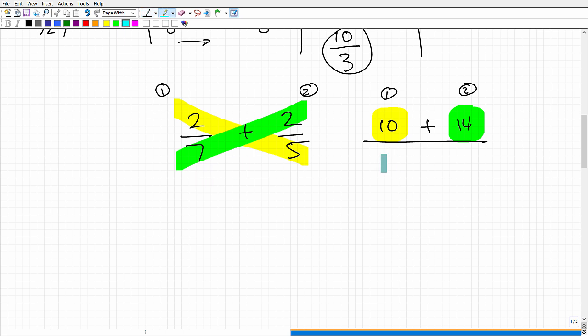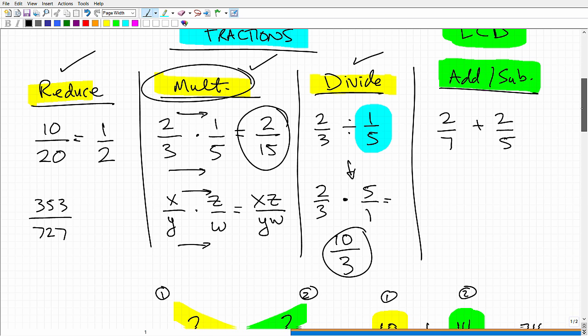To get our denominator, all we do is multiply this way. So 7 times 5 is 35. Now this should look pretty familiar to us because I just did this problem using the more straightforward technique. Now we've got to obviously clean it up. So 10 plus 14 is 24 over 35. Okay, and I believe that's what I wrote here when I did this, right?